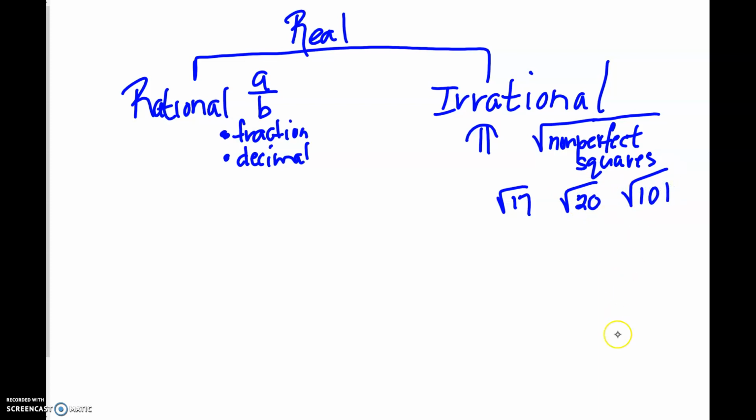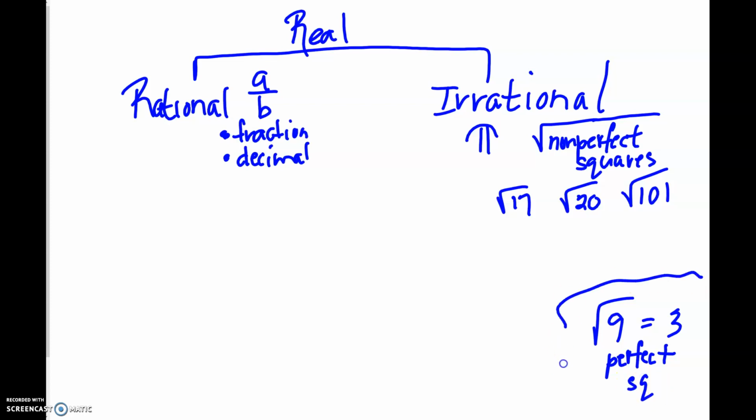Now, if I asked you to take the square root of 9, the square root of 9 is 3. This is what we call a perfect square, and it is rational. To be irrational, it would be a non-perfect square, so all of those numbers in between.